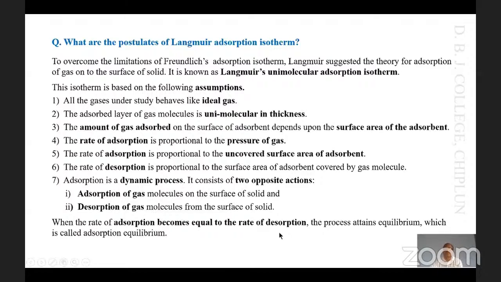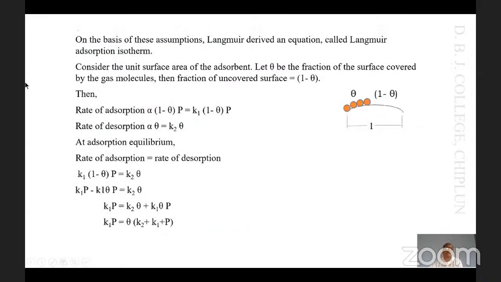And when the rate of adsorption becomes equal to the rate of desorption, the process attains equilibrium, which is called adsorption equilibrium. On the basis of these assumptions, Langmuir derived an equation called Langmuir adsorption isotherm.